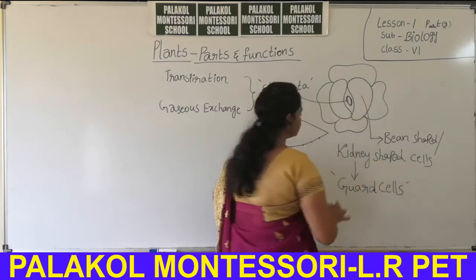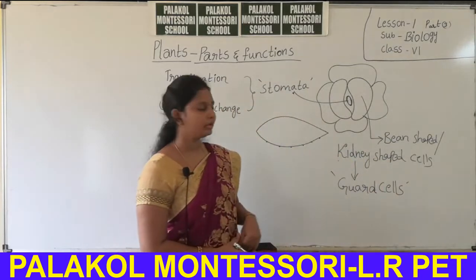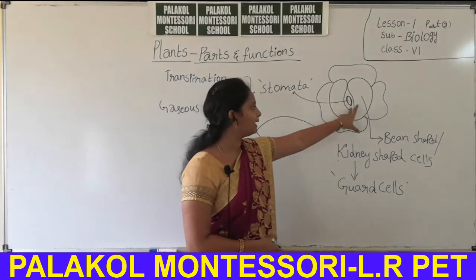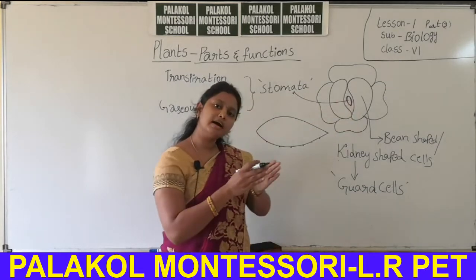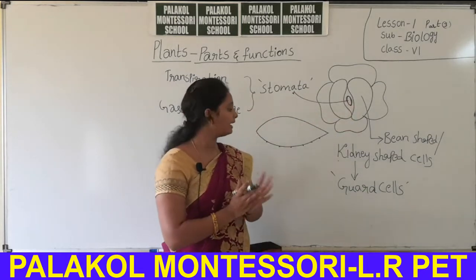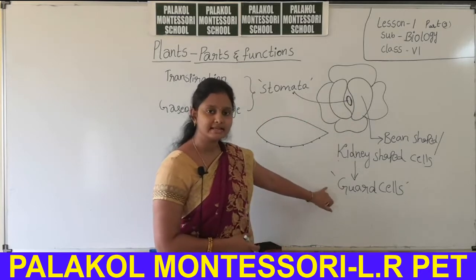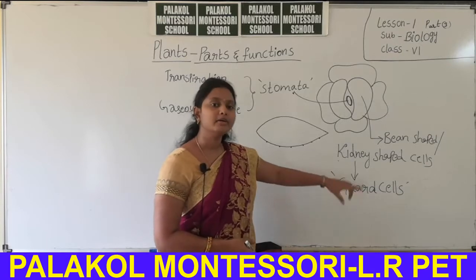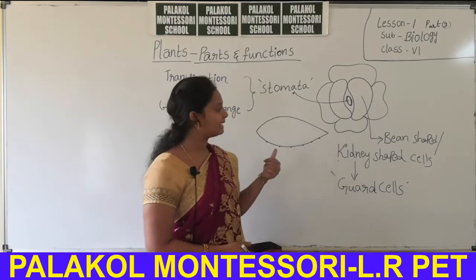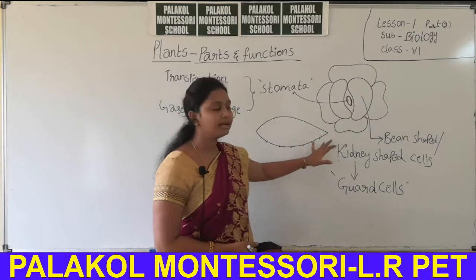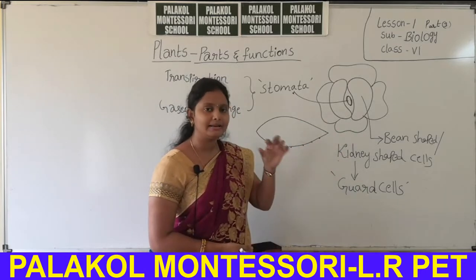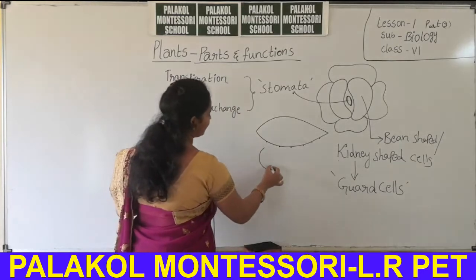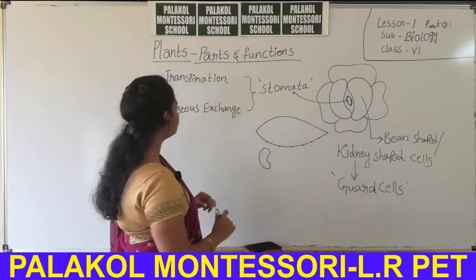Is it clear, students? Are you following me? The opening of stomata is guarded by which type of cells? Guard cells. What is the shape of a guard cell here? Bean shape or kidney shape. That is nothing but like this. This is kidney shape or bean shape.